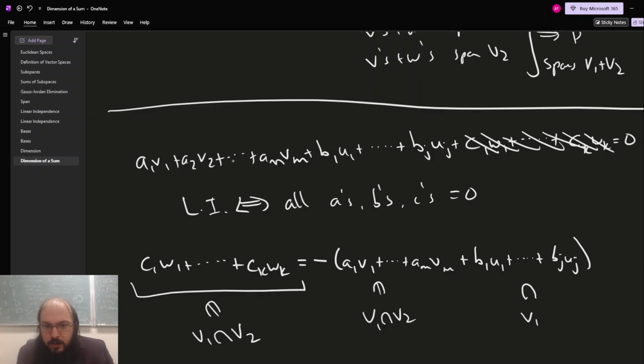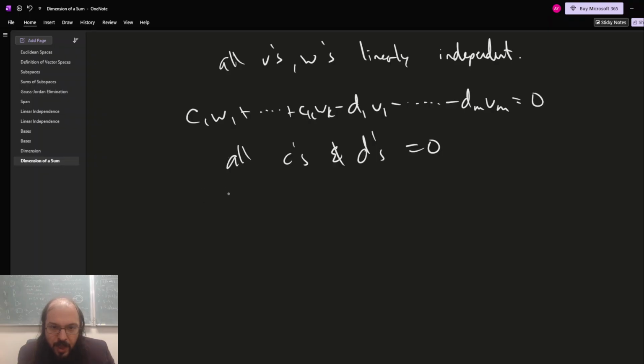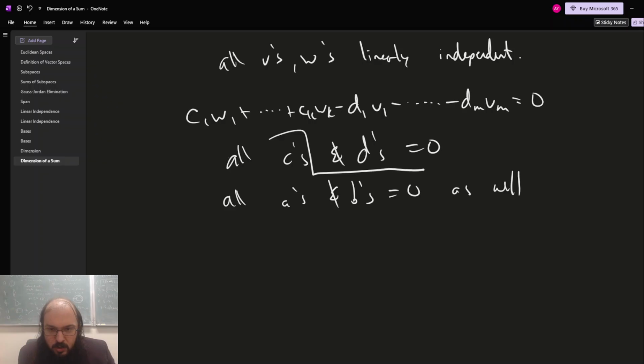And so this is a basis for that vector space, and it's equal to 0. In particular, since it's a basis, this equation has no non-trivial solutions. So therefore, all the A's and B's are also 0. And what we wanted was that conclusion, which we got.